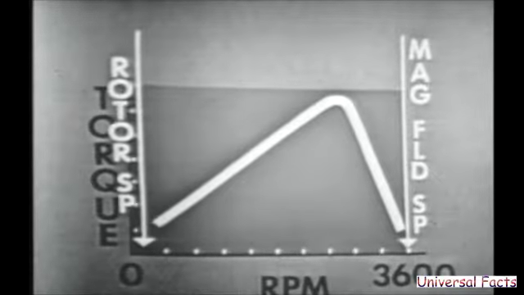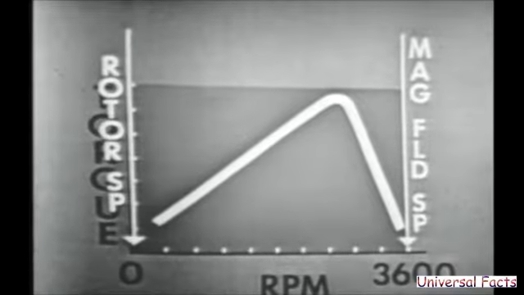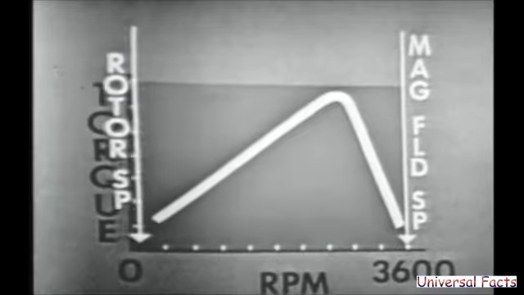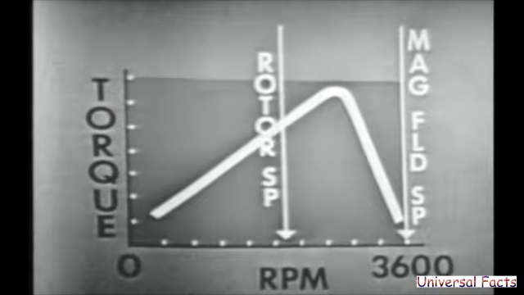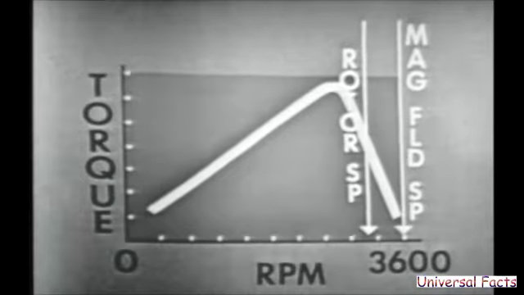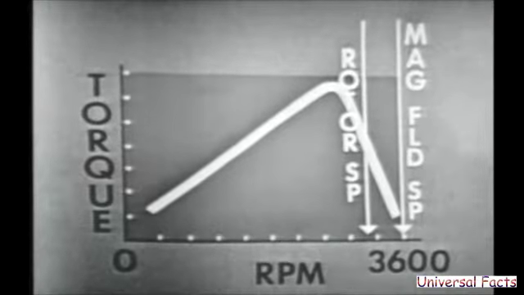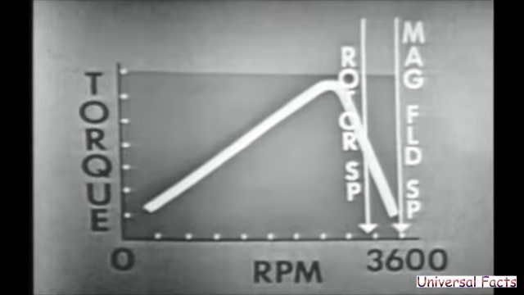The motor stops and begins to overheat. Now, if left in this condition, of course, the motor will be damaged. Now, the point on this curve where the motor is designed to operate is just about here. Now, this allows the load to change slightly without upsetting the stability of the motor.